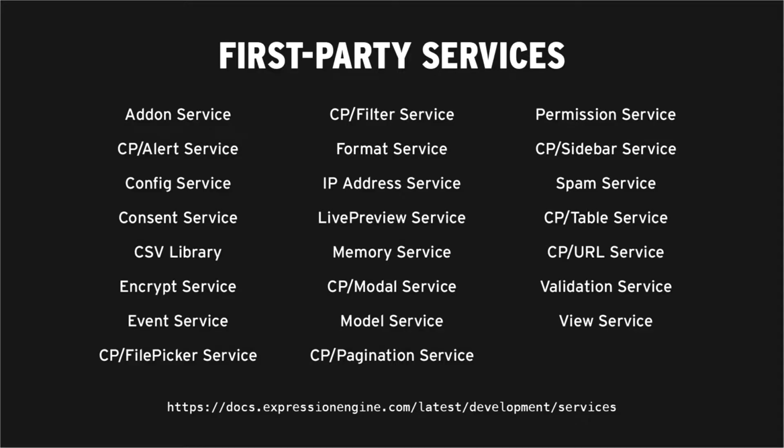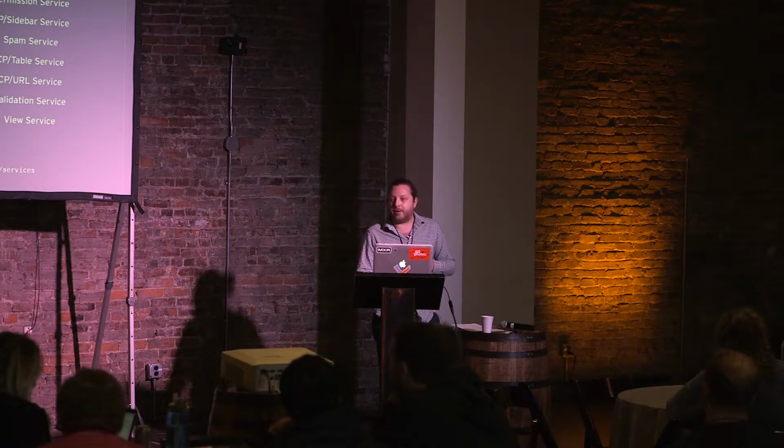There's a ton of first-party services built into ExpressionEngine. This is the full list as of last week, and you can find docs right on the EE docs under add-on development and a section called services, and each service has its own documentation. The slides will be totally available later as well.